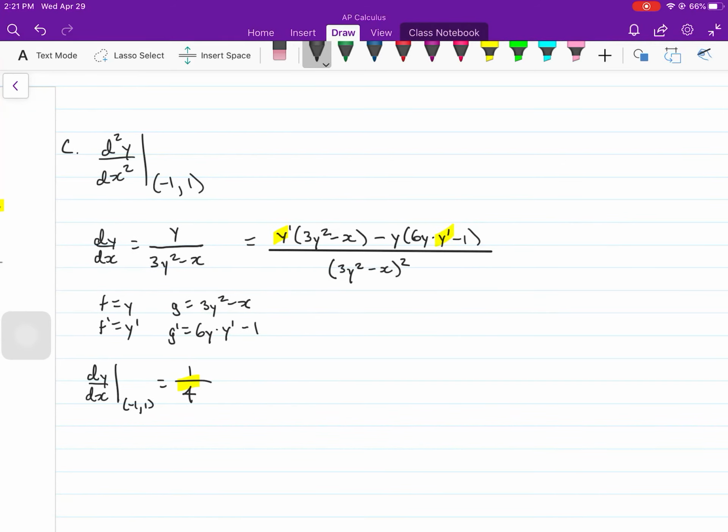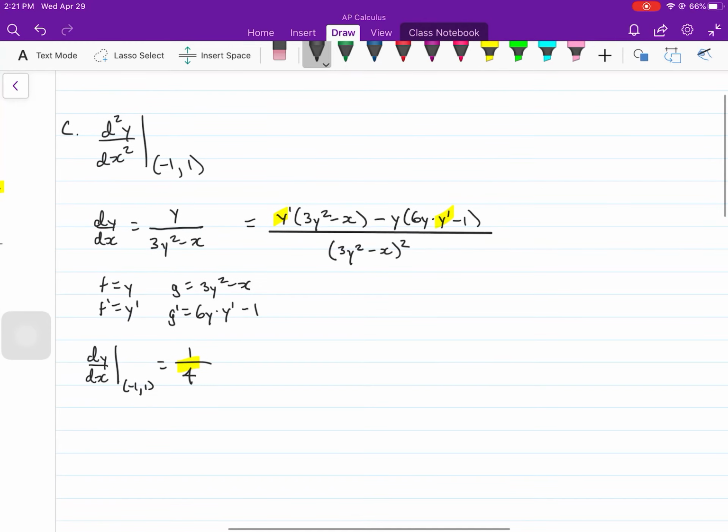So this derivative, basically this one here, is going to equal 1/4 times 3 times y squared, so y is 1, minus x, which is -1, minus y, which is 1, times 6 times 1, times y prime, which is 1/4, minus 1.